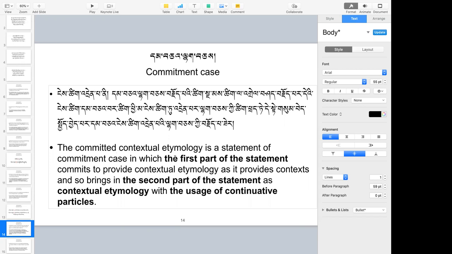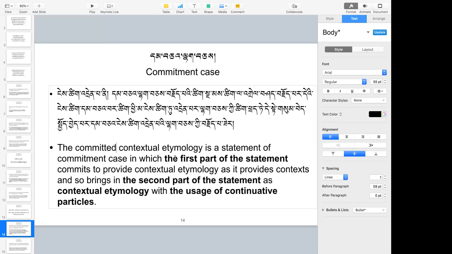So the first part of the statement provides a certain explanation, a certain characteristic. Since it provides a certain type of explanation or context, it commits to provide the word that stays true to that characteristic, to that characterization, to that context.